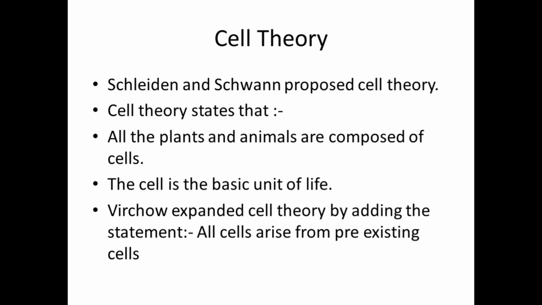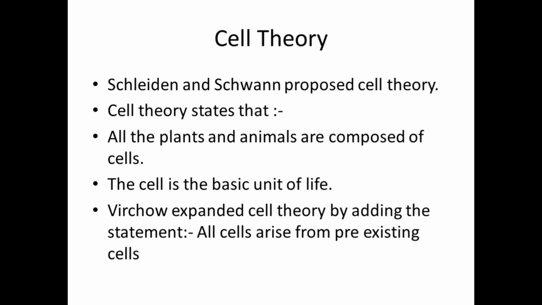Schleiden and Schwann discovered that all plants are composed of cells and all animals are composed of cells, and the cell is the basic unit of life. Later, another scientist, Rudolf Virchow, expanded the cell theory by adding the statement, all cells arise from pre-existing cells. That is, each and every cell forms from pre-existing cells.